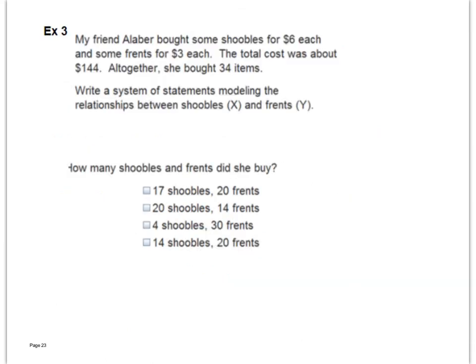Now, what if you get a word problem? My friend Algebra bought some shoebles for $6 each and some fronts for $3 each. We started talking about writing these equations, but it says down here shoebles is x, so I'm going to just go right ahead and put that up there, and fronts are y. So if I'm going to write an equation for just that first sentence, I should get 6x plus 3y equals my total cost.